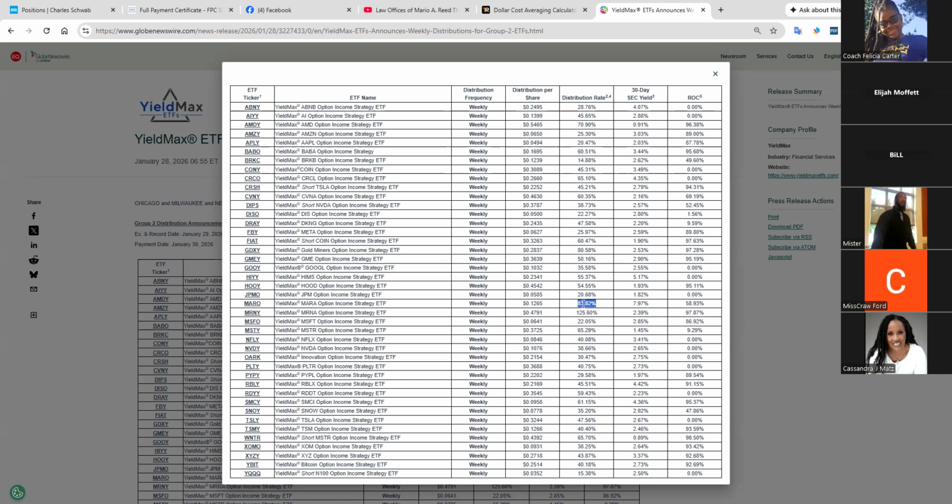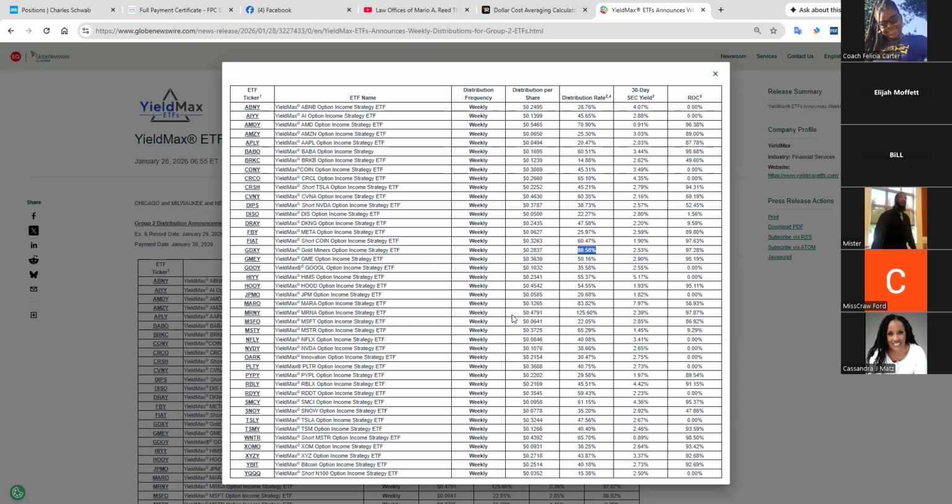All they've got to do is add an I, and that's a great equity position. We also have GDXY, which is gold miners option income strategy. Gold's doing very well for those who are unaware of it. So right now, I'm going to get some GDXY, some MARO, and some MRNY. Looks like those are the ones at 80%.